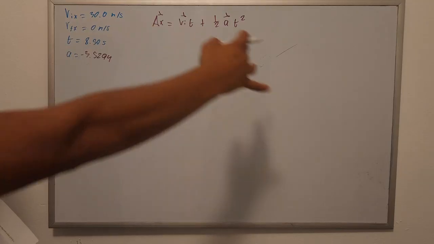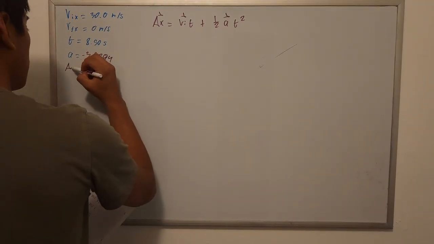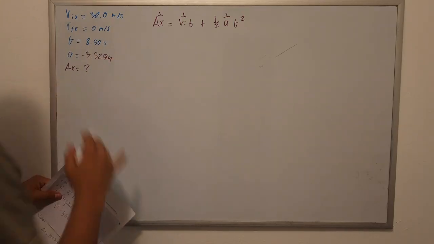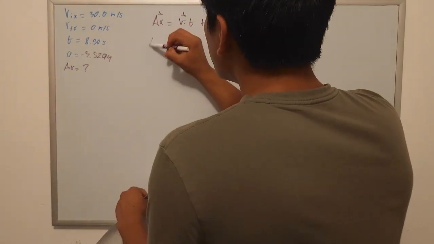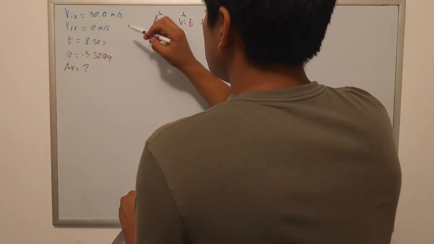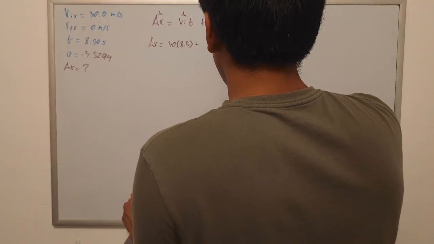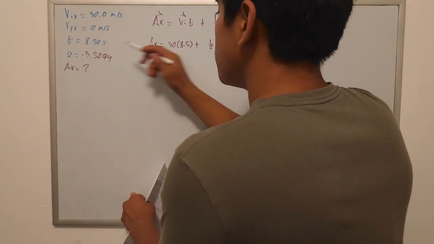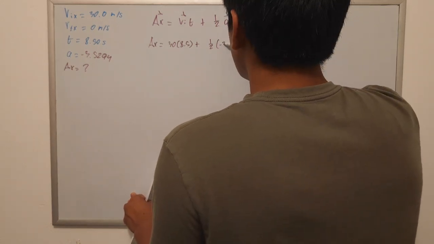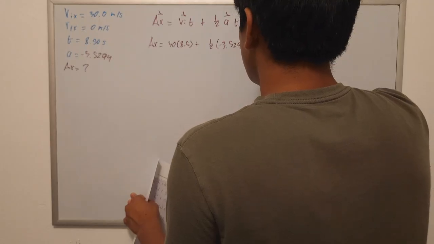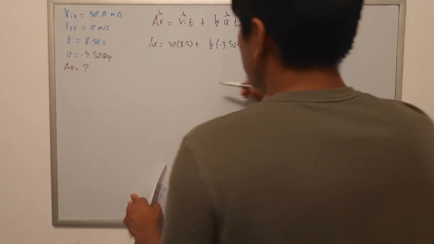All right, and then from here it's pretty straightforward. We're looking for delta x, so now we're just plugging everything in. Delta x equals the velocity initial, which is 30, times the time, 8.5, plus 1/2 the acceleration, which is negative 3.5294, and the time squared, which is 8.5 squared.